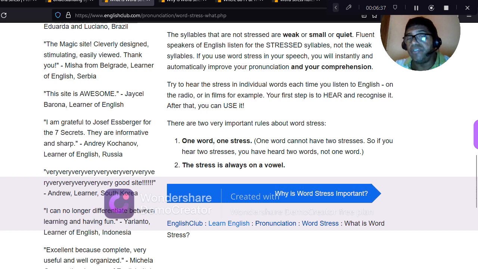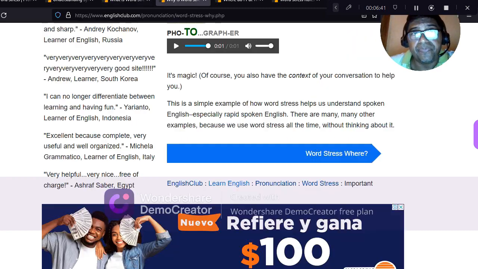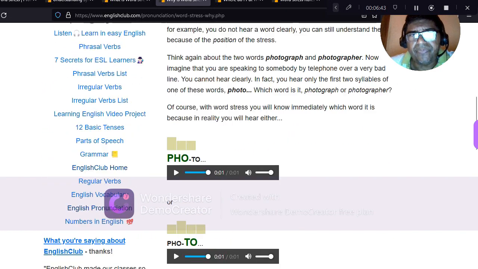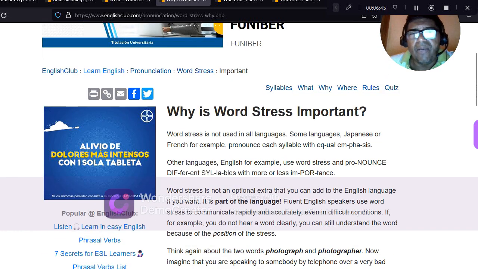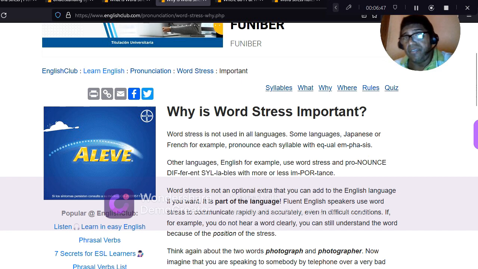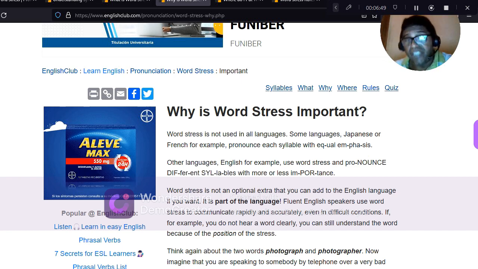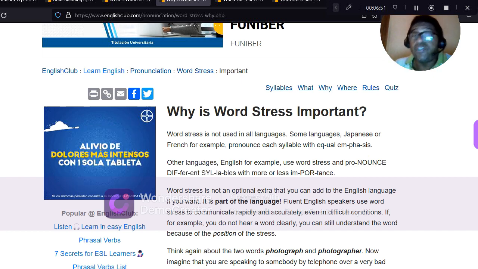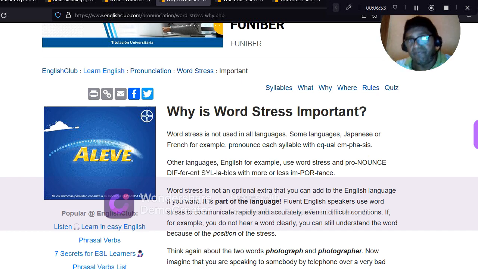Why is word stress important? This is our next question. Word stress is not used in all languages. Some languages, Japanese or French, for example, pronounce each syllable with equal emphasis.